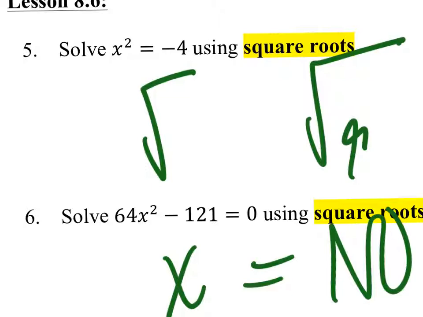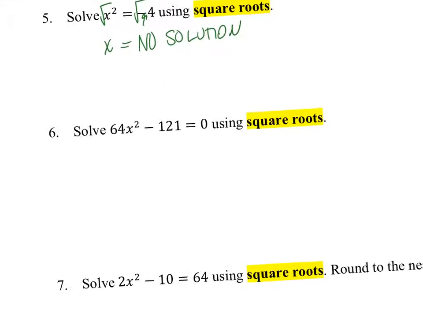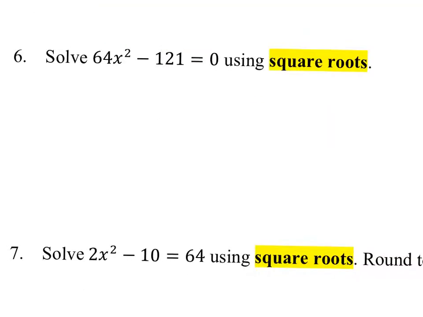Excellent. All right, let's look at the next one. Again, you're solving using square roots. When you're solving using square roots, you need to set it up like a regular equation so you can just solve by square rooting.